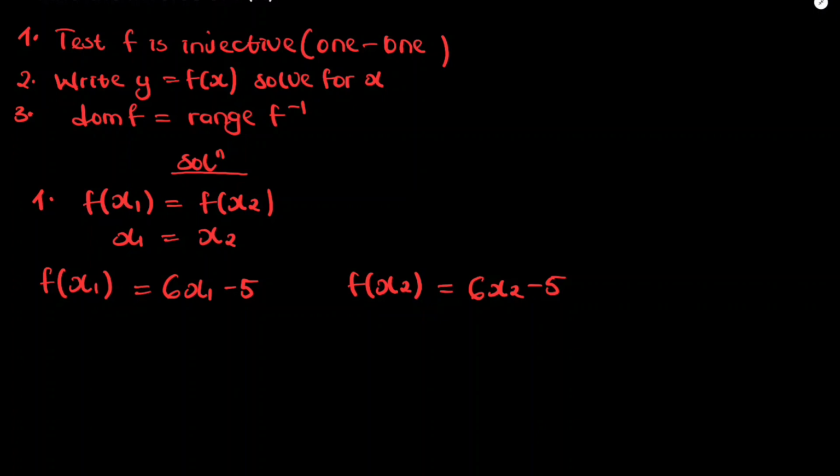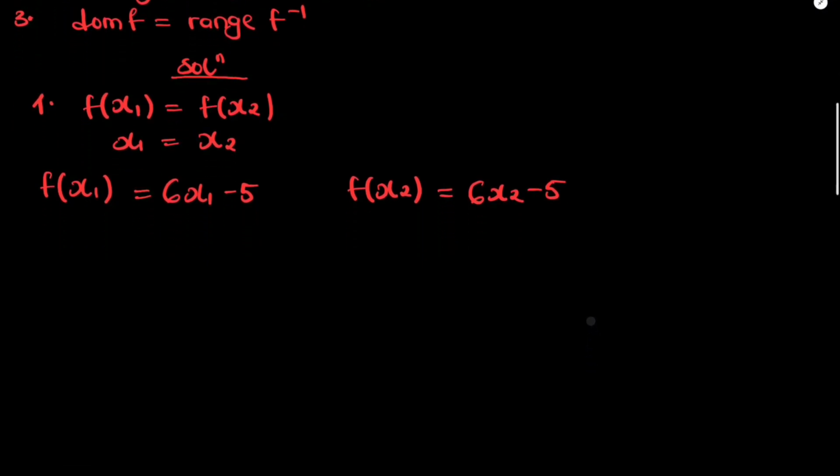If we end up with x1 equal to x2, then we can say that f of x is injective, or is a one-to-one function. So let's start. We have 6x1 minus 5 equal to 6x2 minus 5. From what we see here, these two will cancel out.